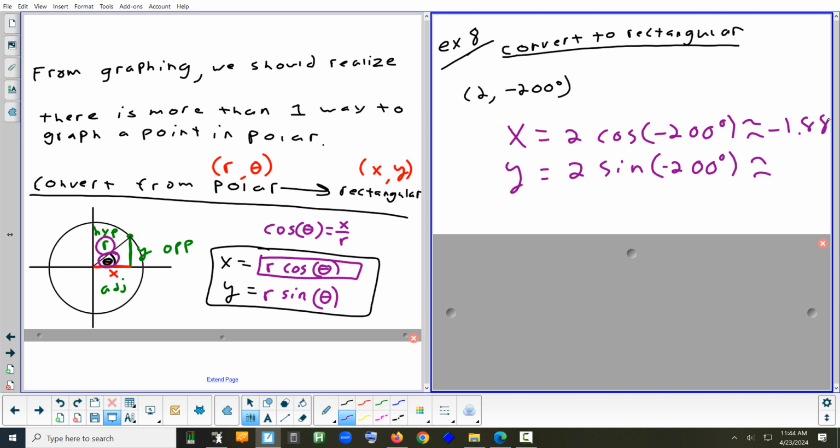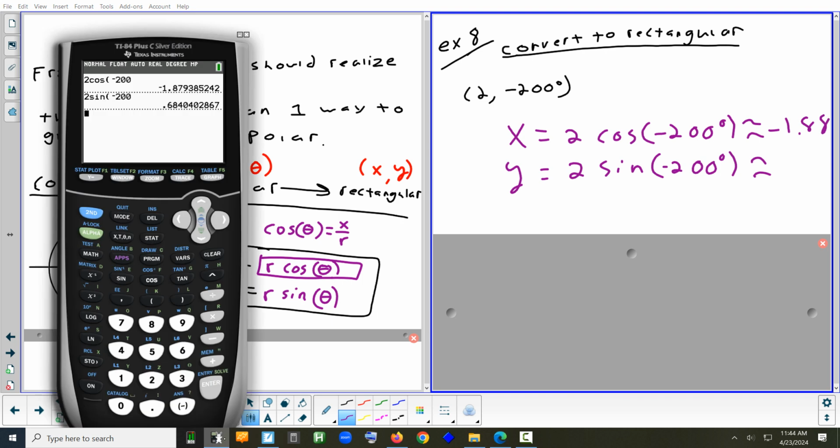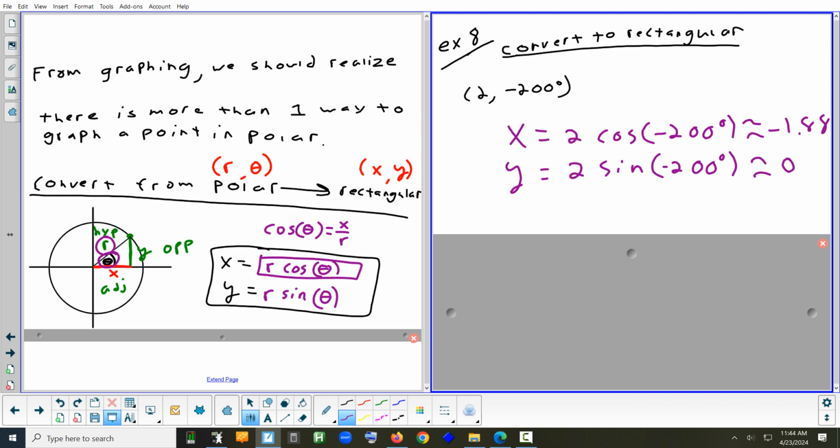And the y value was 0.68. All right, so write it as a coordinate. So that and the one that we started with are the exact same coordinate. Polar is the first one, rectangular is the second.